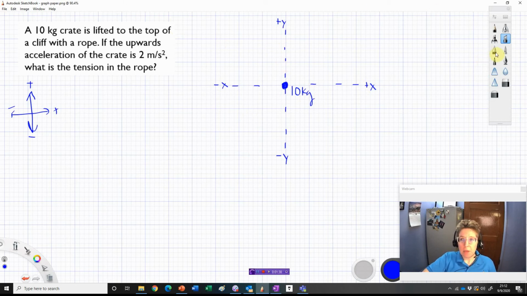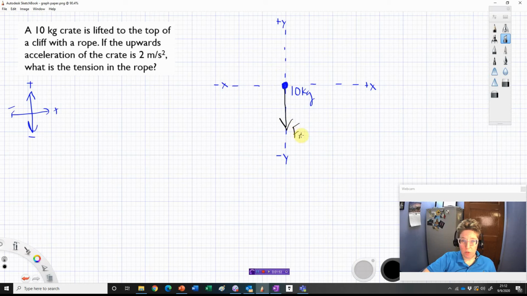Okay, and I need the forces acting on this crate. So, I'll do those in a different color, I think. I guess we'll just use black. Okay. So, this crate, well, if we're on Earth, gravity is pulling down. So that's definitely there. I'm going to put it in there.